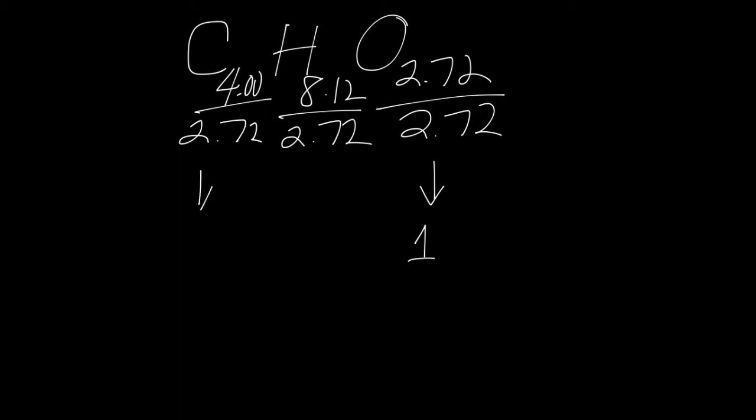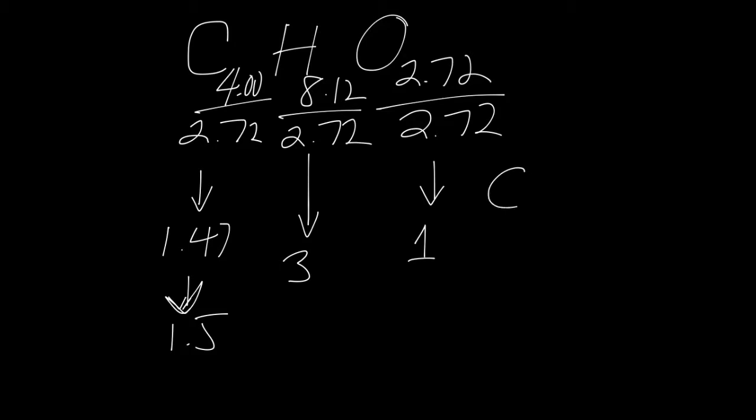The carbon comes out to like 1.47, which is pretty close to 1.5, so I'll just go ahead and say 1.5. And then the 8.12 divided by 2.72 gives us 2.98, which is honestly close enough to 3. So I've got a 1.5, a 3, and a 1 in that case.